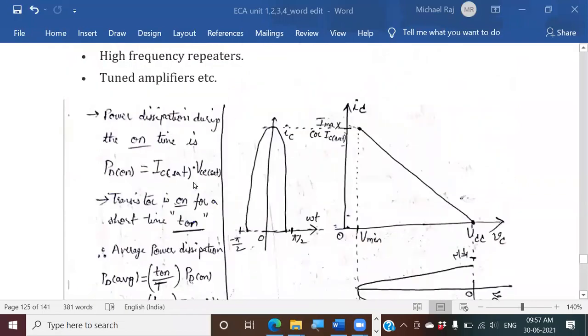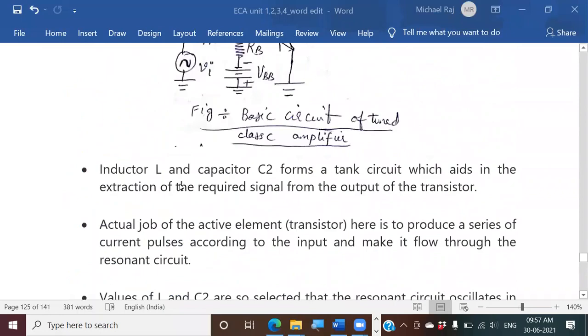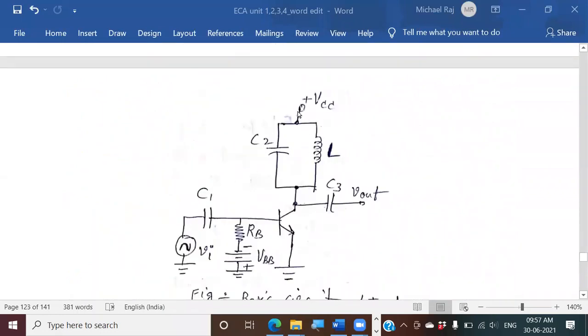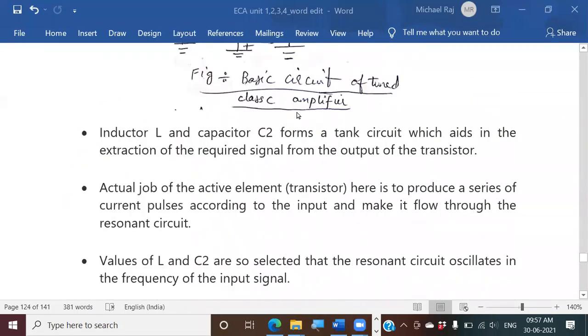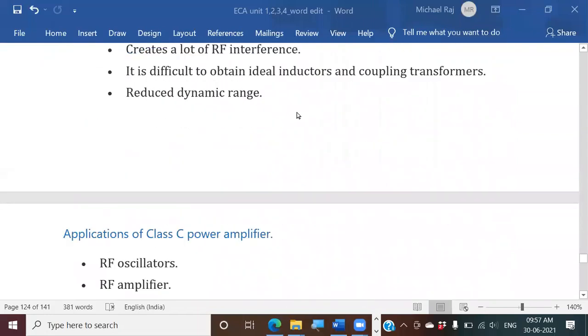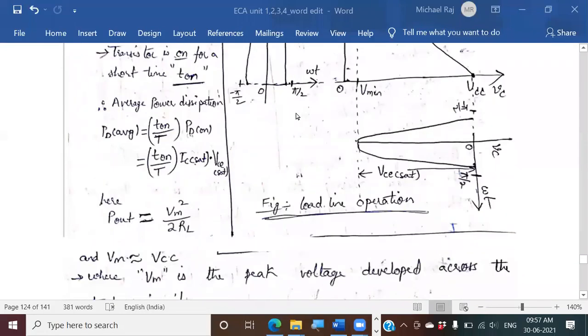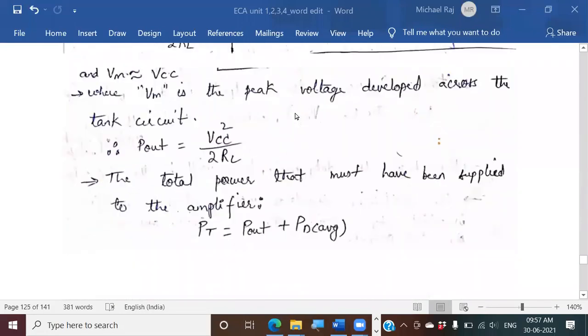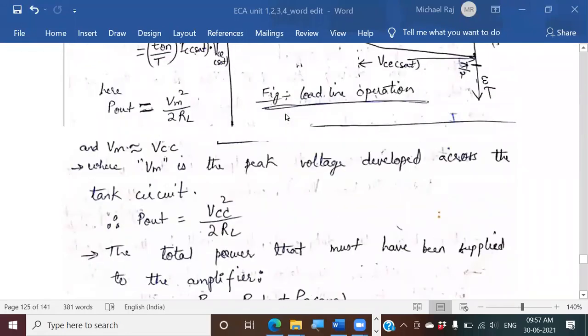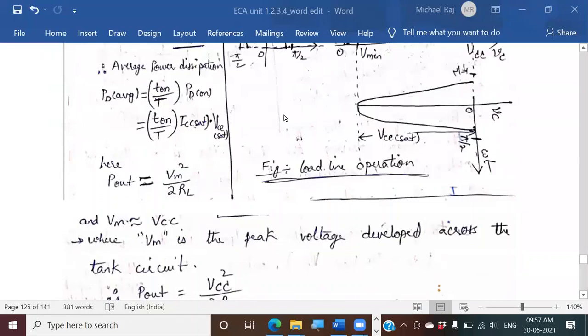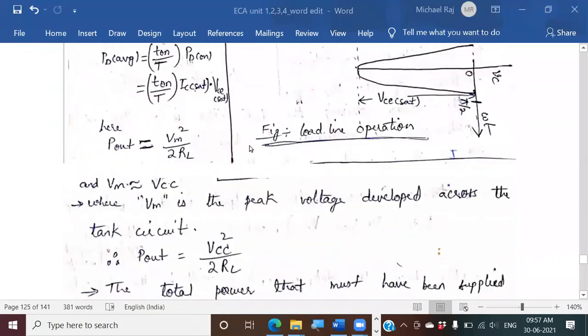Then output. Now what happens? The tuned circuit will select the fundamental frequency, and then you can expect the output sinusoidal signal. The RMS value of a sinusoidal signal for voltage is Vm by root 2.